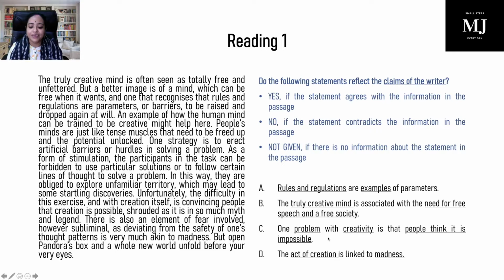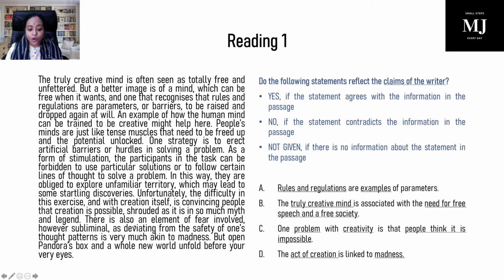So this is true. Let's come down to the D1. The act of creation is linked to madness. Let's see some act of creation or creative activity and madness. And yes, of course, we remember we have to read after this portion. So we have to read from there is something like that, right?